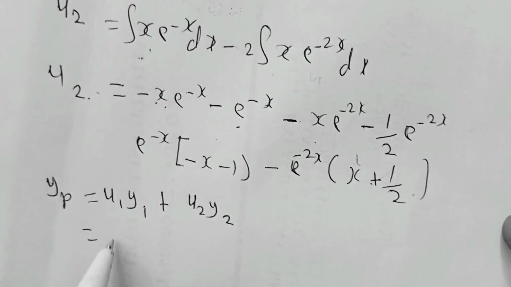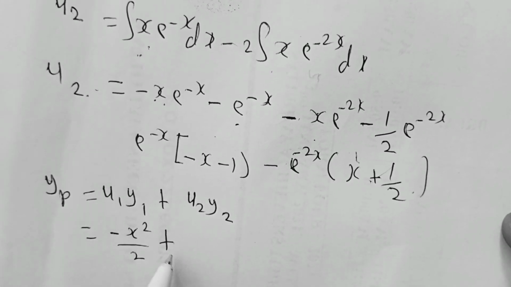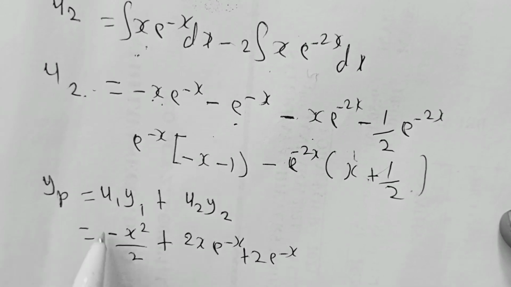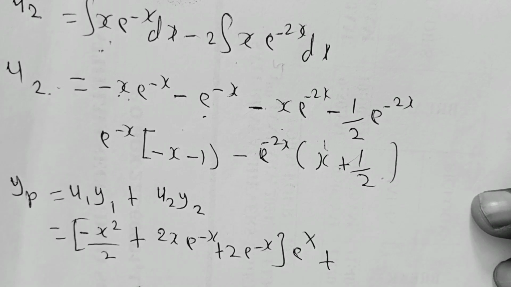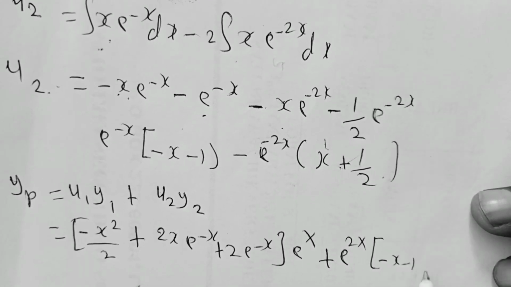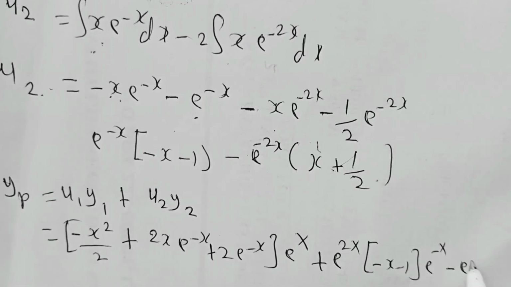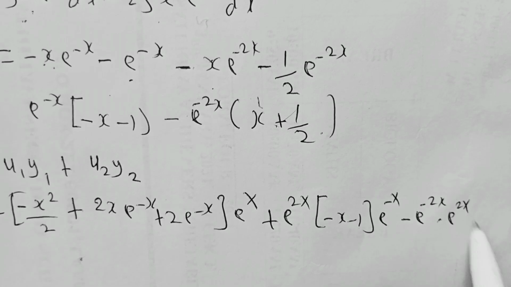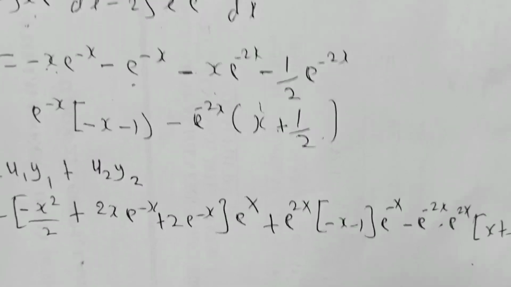So we substitute our u1: negative x squared over 2 plus 2x exponential negative x plus 2 exponential negative x, everything multiplied by exponential x, plus exponential 2x into bracket minus x minus 1 multiplied by exponential negative x, then minus exponential negative 2x multiplied by exponential 2x into bracket x plus half.